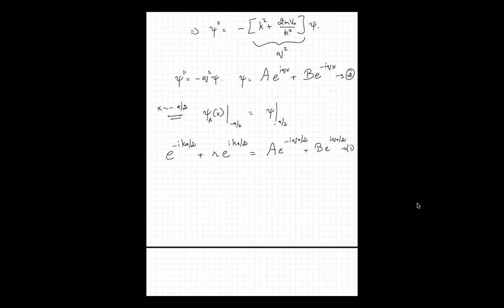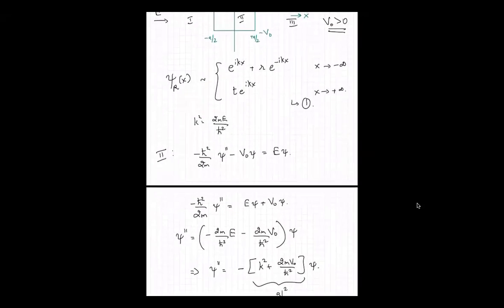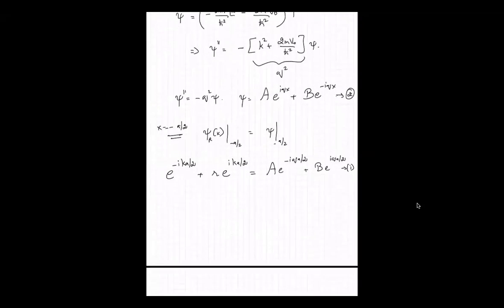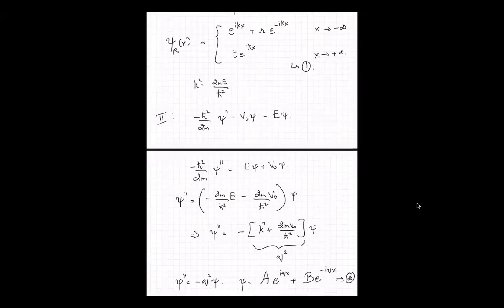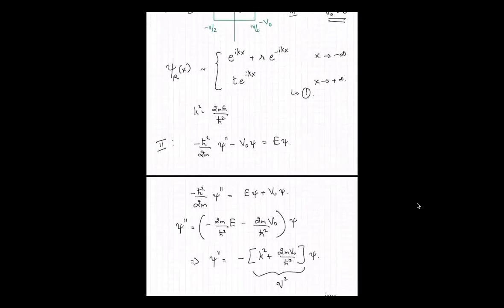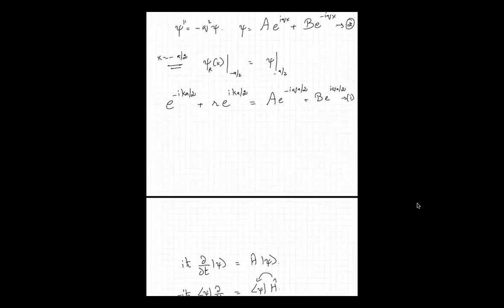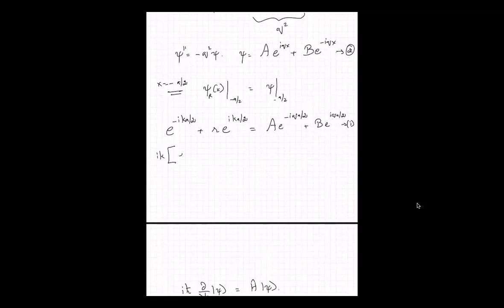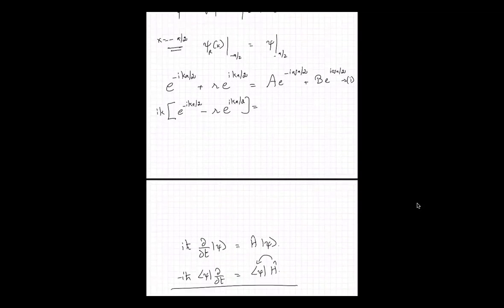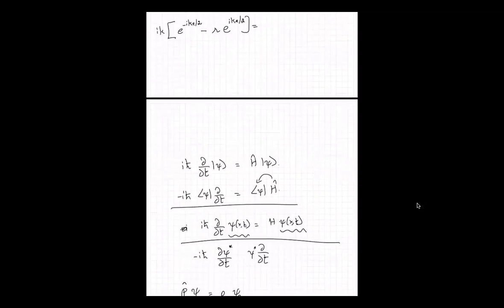If the derivative has to match, I should take the derivative of this equation and then match it with the derivative of equation number 2 at the boundary x equals minus a over 2. So if I take the derivative, I pull out a factor of ik from the first equation, so this would be ik times (e^(-ika/2) minus r e^(ika/2)) equals, sorry, I will erase these portions again.